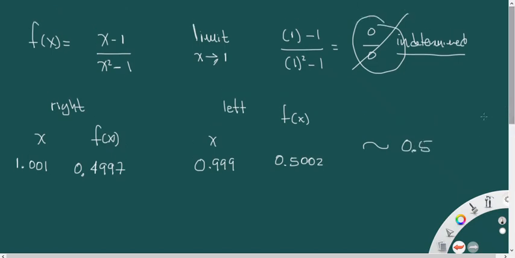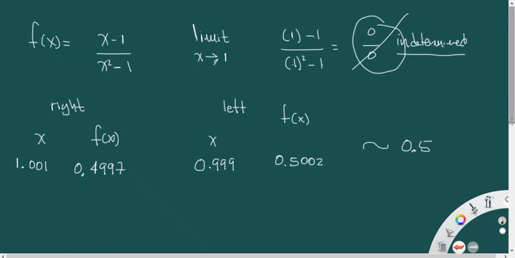So even if I cannot do this by substituting the 1 in the x value, because there is an indeterminate operation there, if I approximate from the right and from the left, I can see more or less what the value of this function will be when x approaches 1.